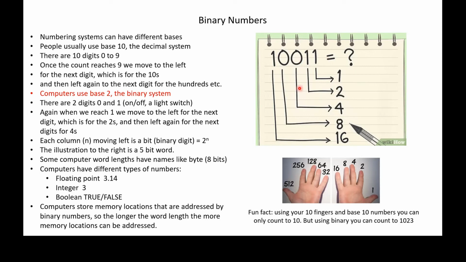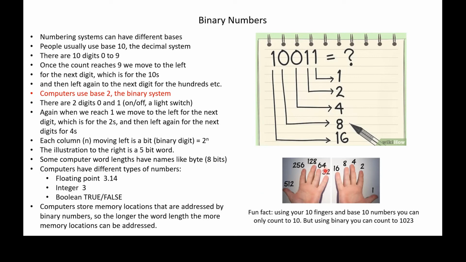A digit here would count for 4. A digit here is counting the 8s. 1 here is counting the 16ths. If we had all 1s here, we would have 1, 2, 3, 4, 5, 2 to the 5th, and I'm not quite sure what that is. If we have 8, we have 256, etc.